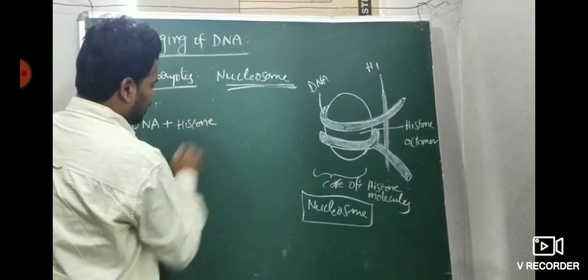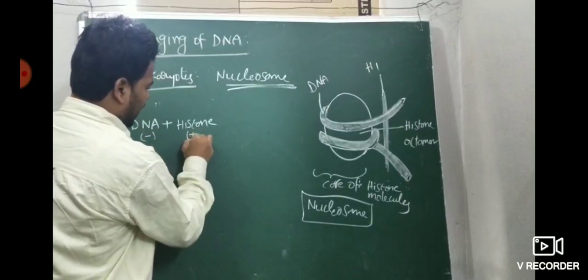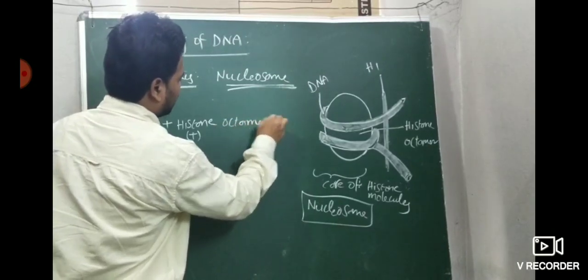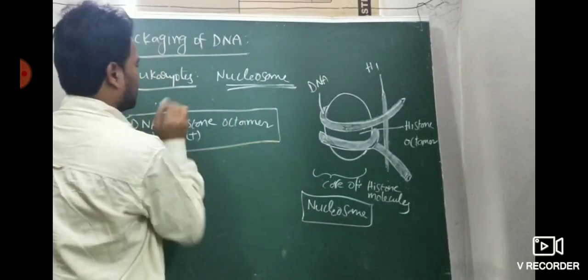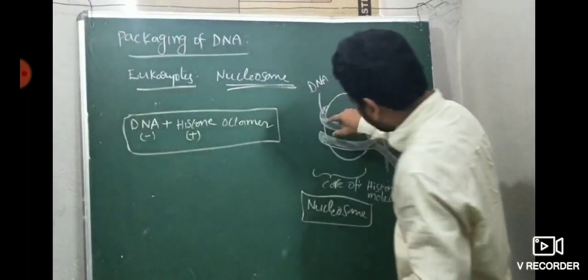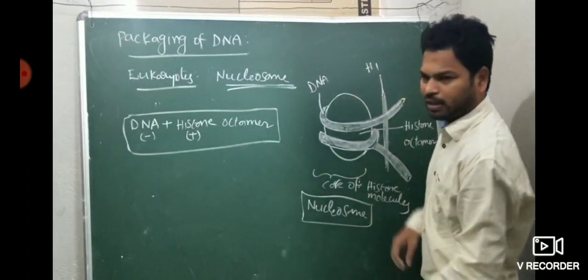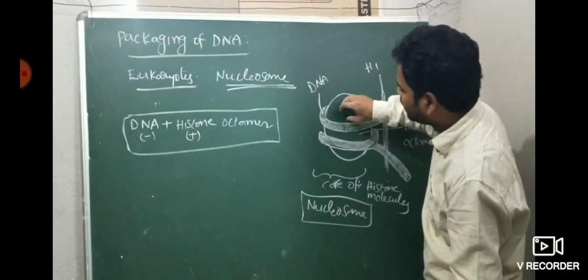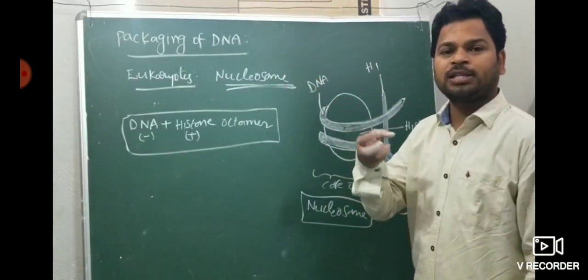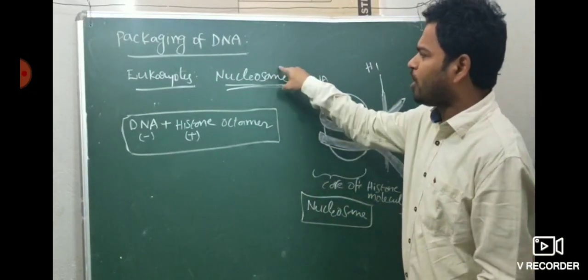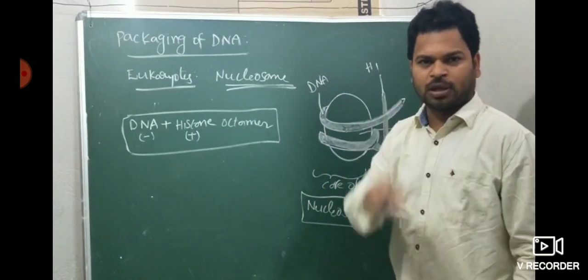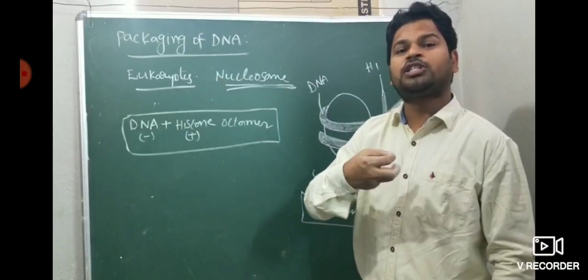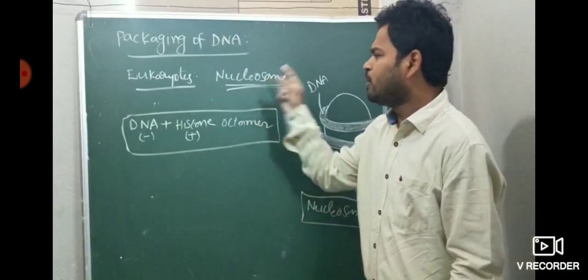Definition: negatively charged DNA wrapped around a positively charged histone octamer forms the nucleosome. That is the packaging of DNA in eukaryotes in the form of nucleosome. I repeat the definition.